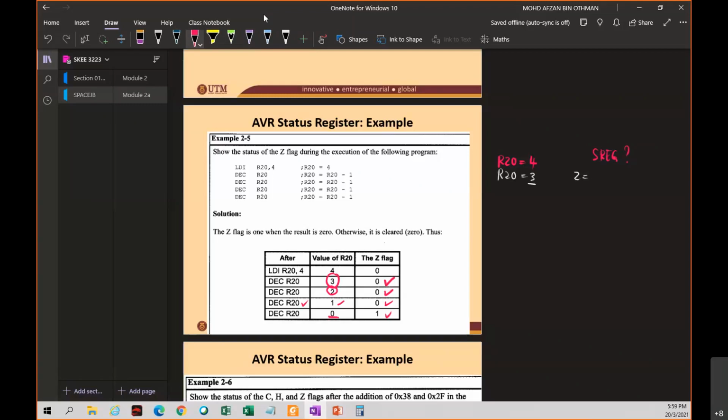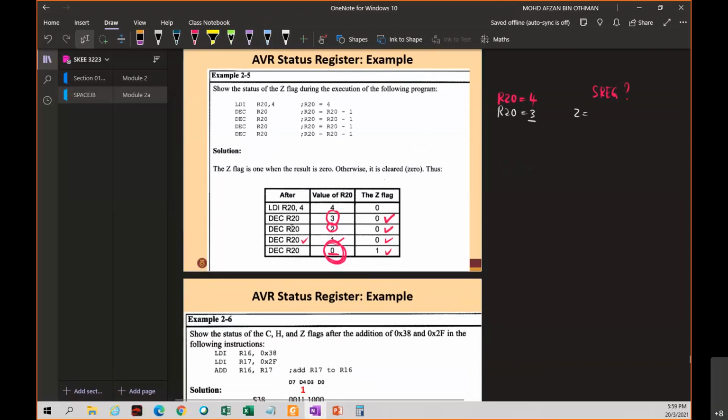Okay, sebabnya kenapa? Sebab R20 kamu dah tak ada value dalam tu. Okay, so this is how the Z flag works lah. Bila value dalam hasil penambahan penolakan tersebut adalah kosong, so automatic Z akan jadi 1. If not, if have values, then Z akan jadi kosong.